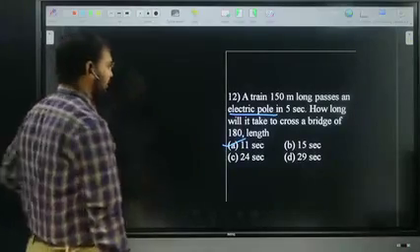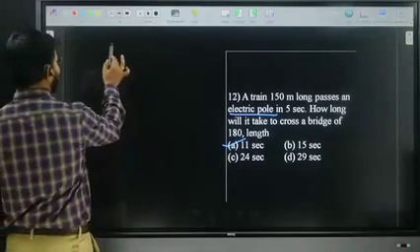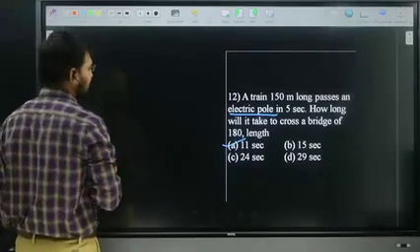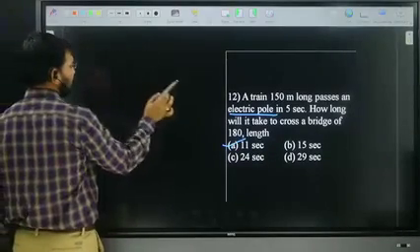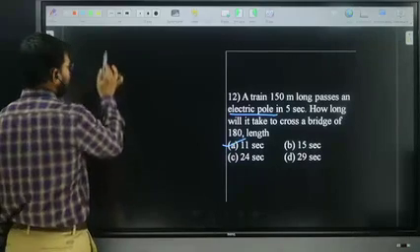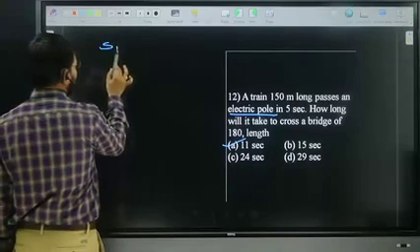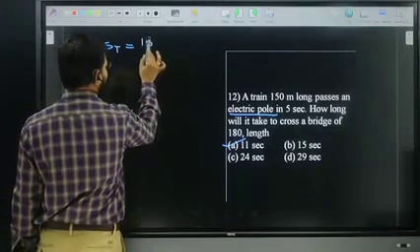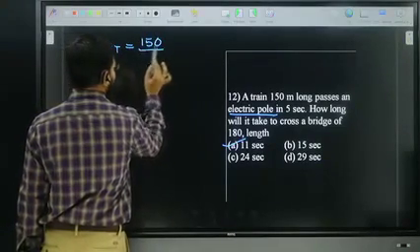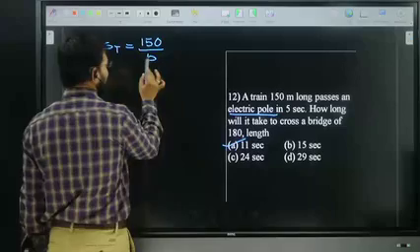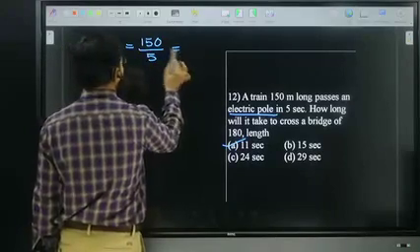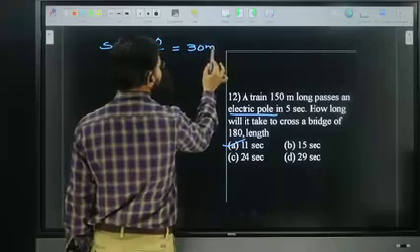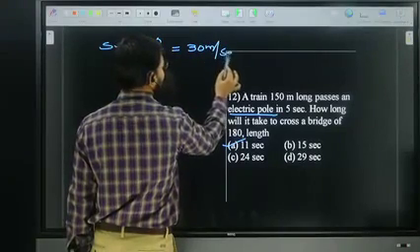So once again I will explain. Whenever a train is crossing an electrical pole, speed of the train is equal to length of the train by time. Time how many seconds? 5 seconds. Therefore, speed of the train is equal to 30 meters per second.